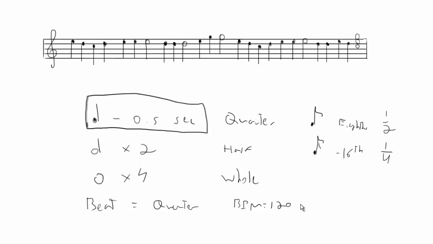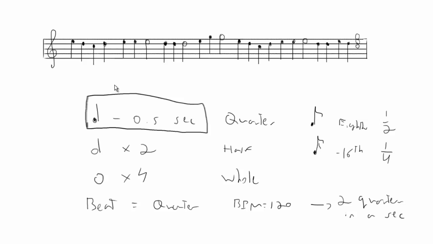Now, we can do a little math. So we have 120 quarters a minute, and since a minute has 60 seconds, that means 2 quarters in a second. And this means that each quarter would be exactly half a second, right? If you have 2 a second, each has to be a half.